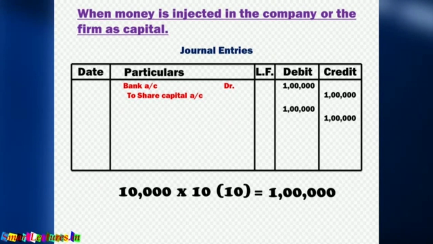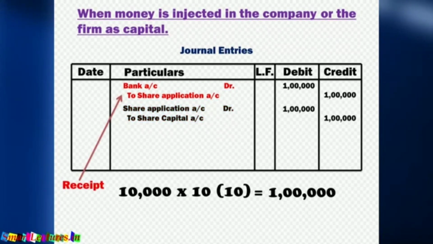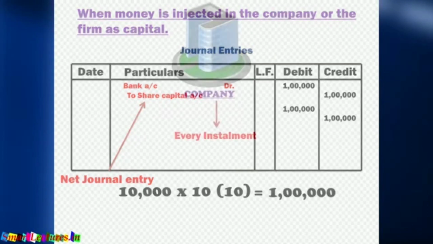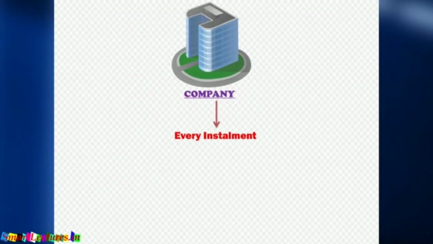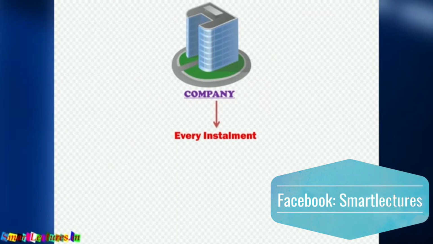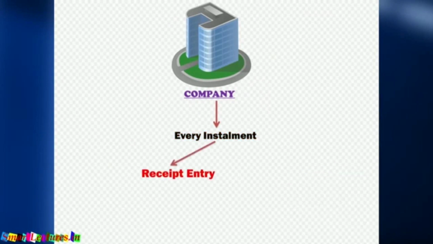It means we will write down two journal entries, one for receipt and the second for transfer to capital. And the net journal entry will be bank account debit to share capital. So what we have learned from this journal entry, that in case of company, in every installment, two journal entries will be passed. One for receipt and one for transfer.